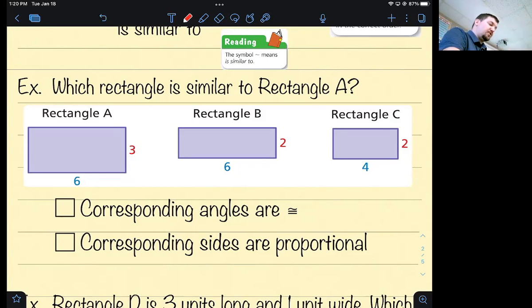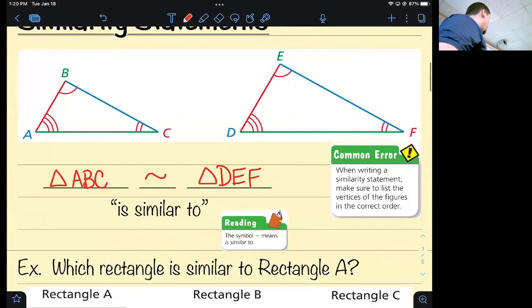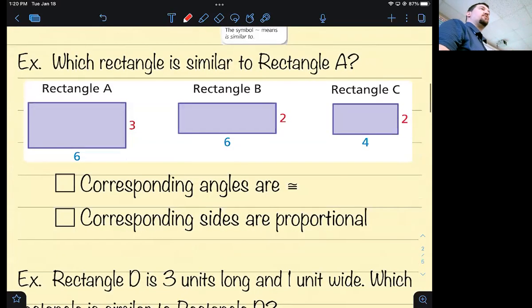They don't have those same characteristics. So in order for me to check, I need to check two things. I need to check that the corresponding angles are congruent. I need to check that the corresponding sides are proportional. So what are all the angle measures of rectangles going to be? Yeah, regardless of which angles I call congruent ones, because they're all 90 degrees, this is always going to check out for rectangles.